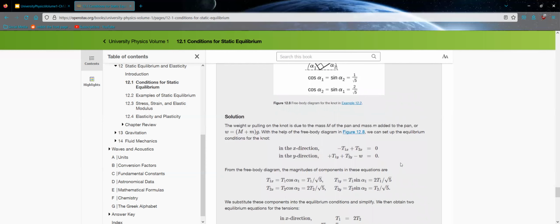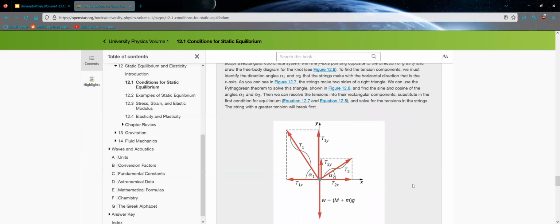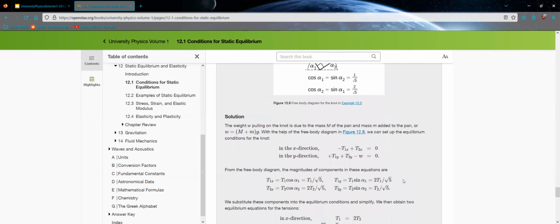So how do we solve this? Well, now that we have a good free body diagram of the situation, we have broken everything down to x and y components. Namely, in the x direction, you have the two x components of the tension, and those sum to zero since the thing's not moving, it's in static equilibrium. In the y direction, you have the two strings pulling up and gravity pulling down, and again, everything sums to zero.